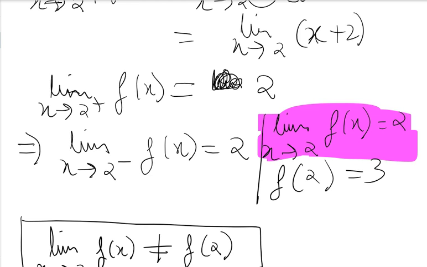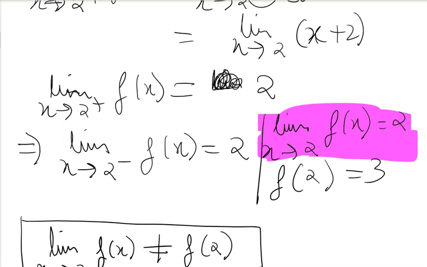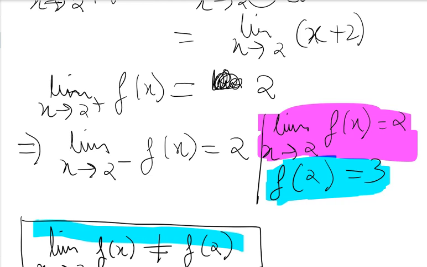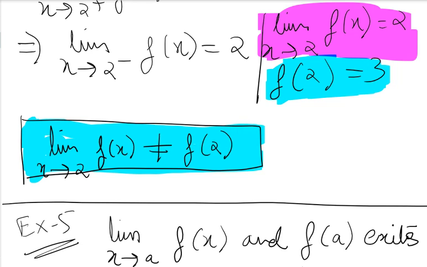But the function at that point is coming 3. So it is not equal. The limit of the function and the function at the indicated point are not equal to each other.